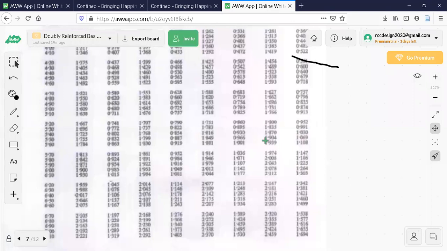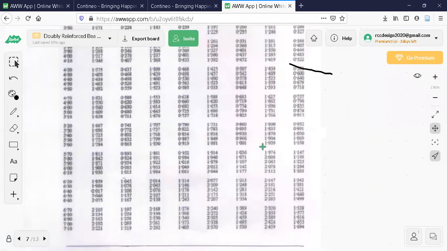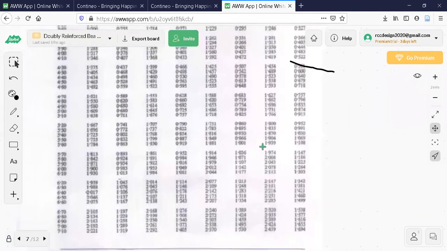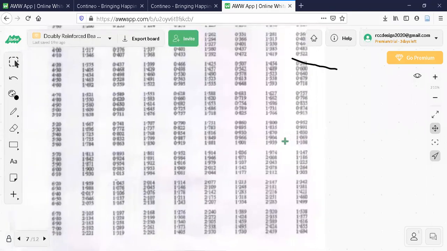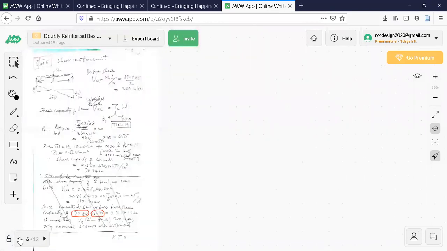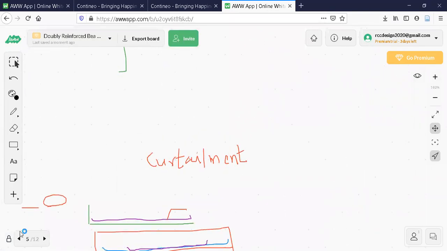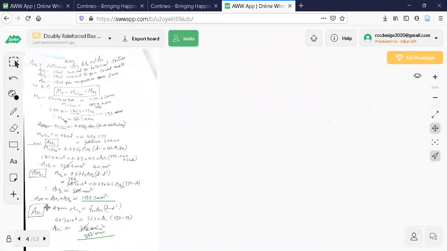You don't have to study the entire SP16. If you can understand and use at least 5 to 6 graphs and tables in the exam, you can save a lot of time and attempt all the questions. Otherwise, the calculation is going to take more time.